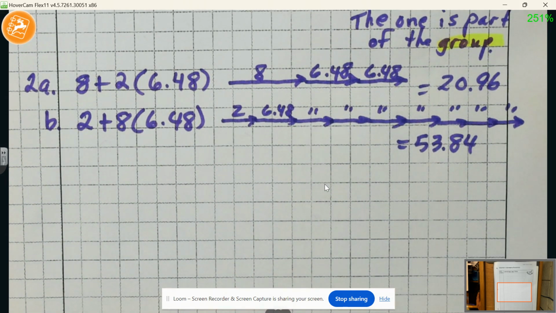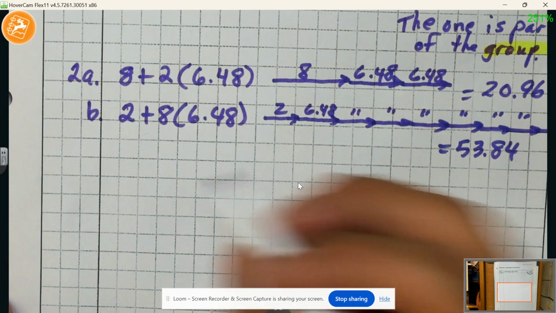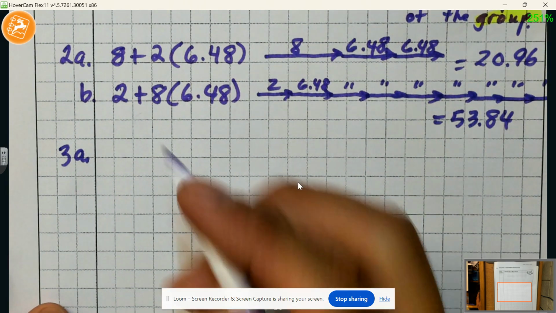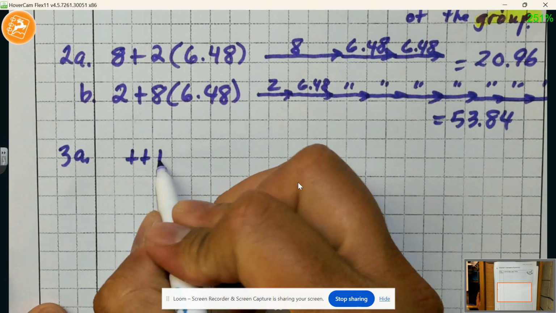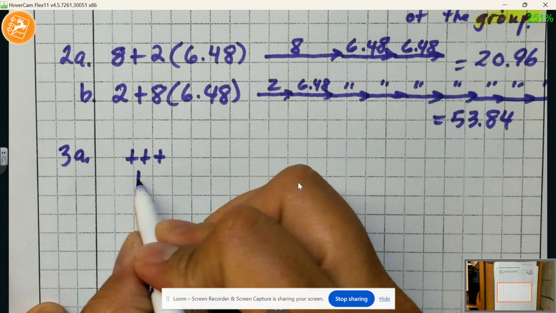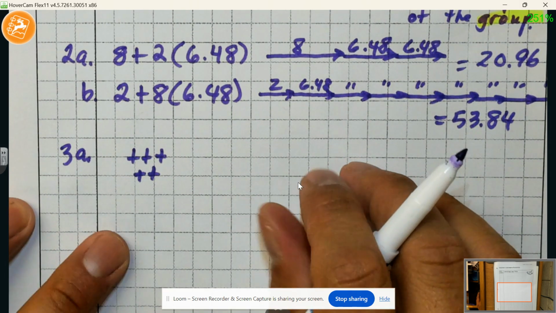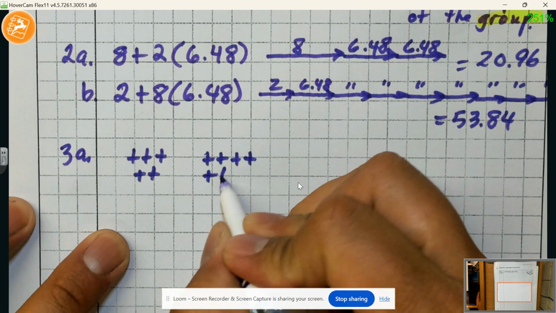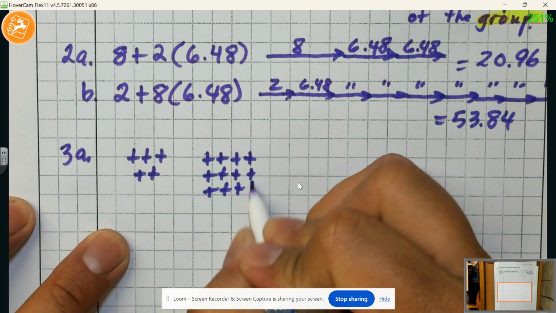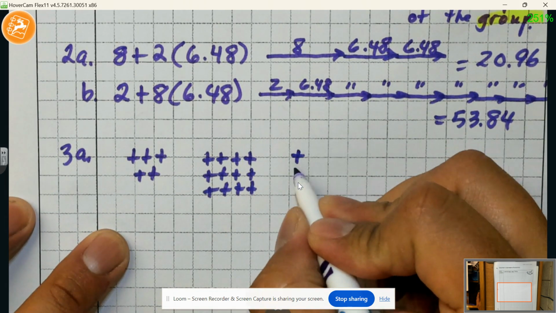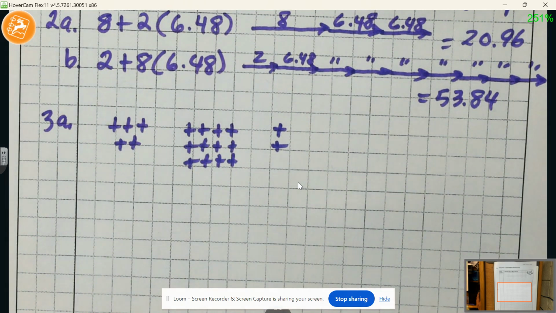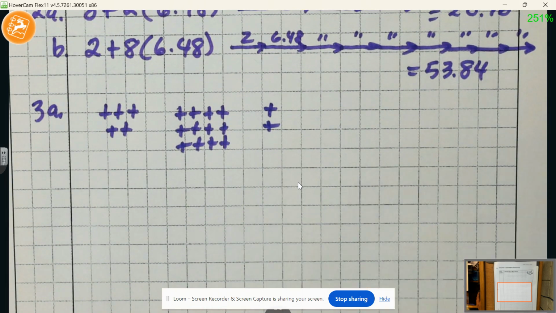So now we're going to switch gears a little bit, and I'm going to give you a set of tiles. So we have these tiles here. Okay, so how would you represent this using the grouping as these tiles seem to be grouped?